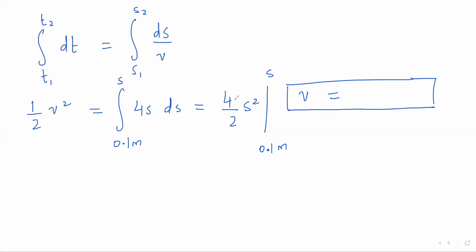It will be 4 over 2 is 2, s has bracket, s square minus 0.1 square, bracket. There is a v square, right? So I think there will be a 1 by 2.